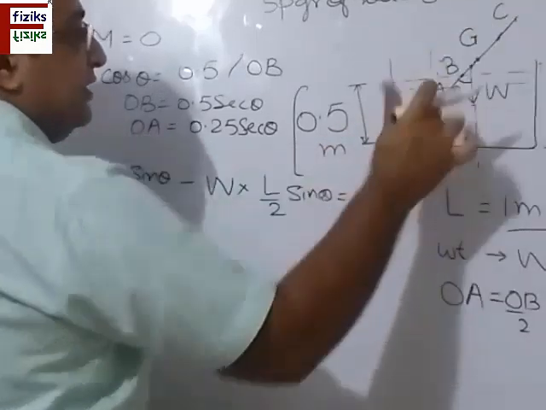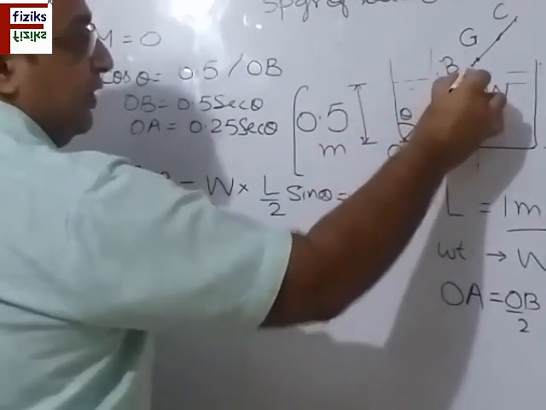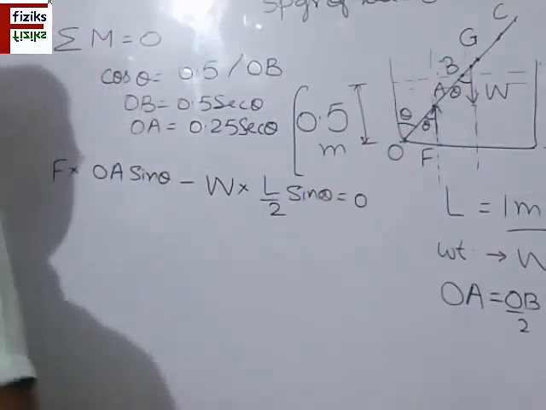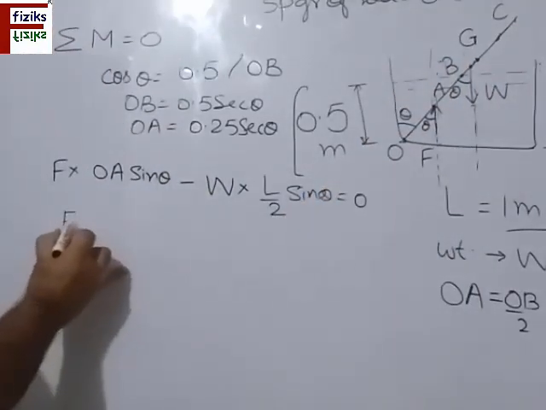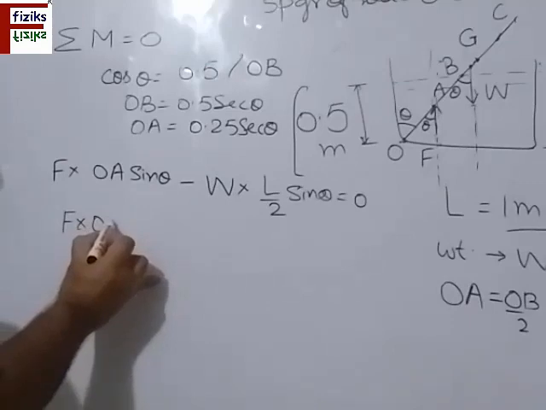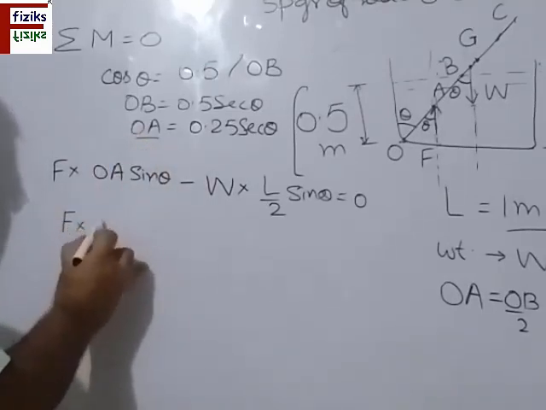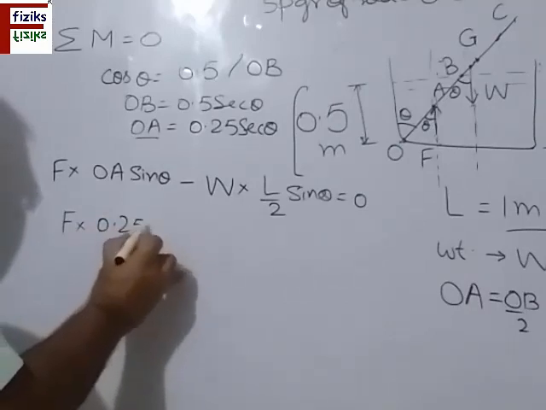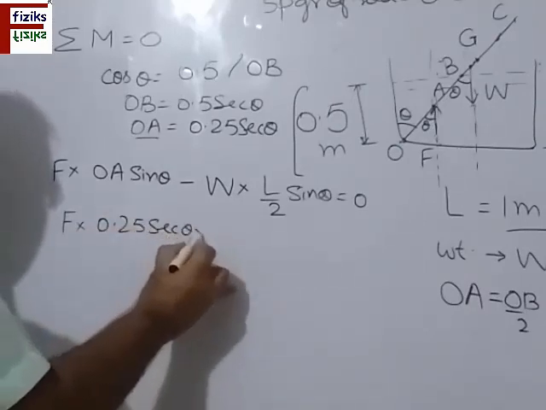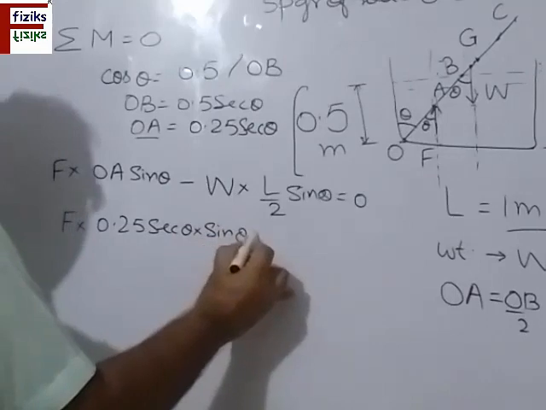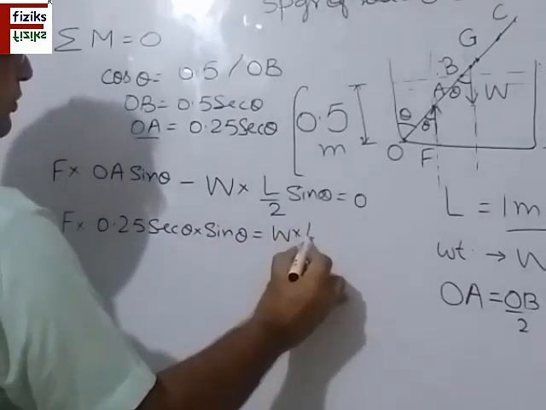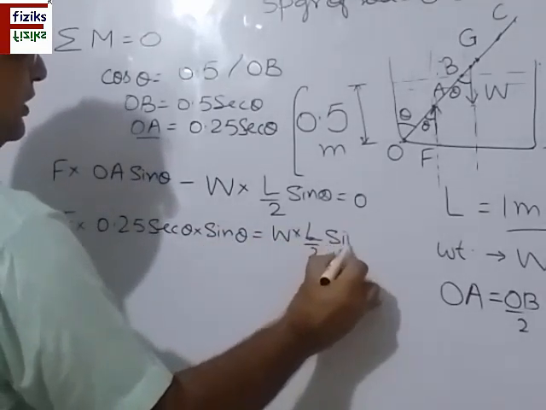This total length is L and O to G, this point, is L by 2. So I can write F into OA sin theta, put the value of OA, 0.25 sec theta into sin theta, minus W L by 2 sin theta.